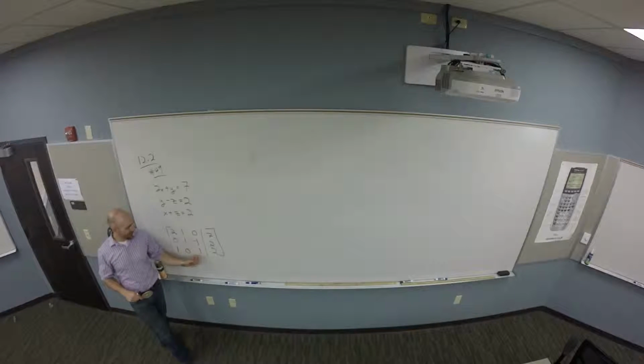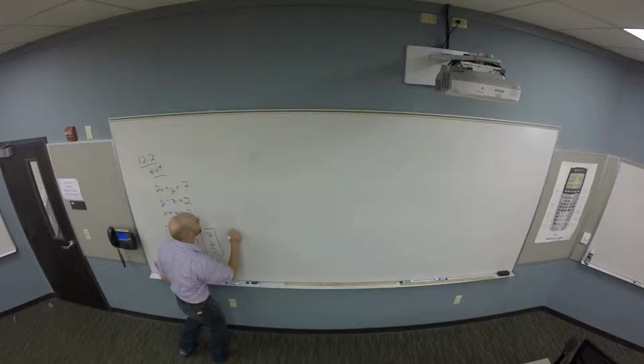But in this row I really want 0, 0, a number. That's going to tell me what z is. If I have 0, 0, 0, I have no information about z. I took the information I was going to have about z and threw it away. Don't do that. It's a very tempting step.